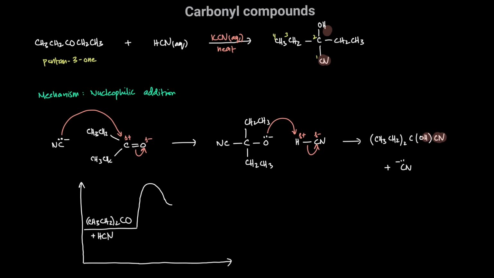So we end up making a hydroxynitrile. So here I have my product, which is CH3CH2 twice, and then C(OH)CN. So here we have our carbanion intermediate.